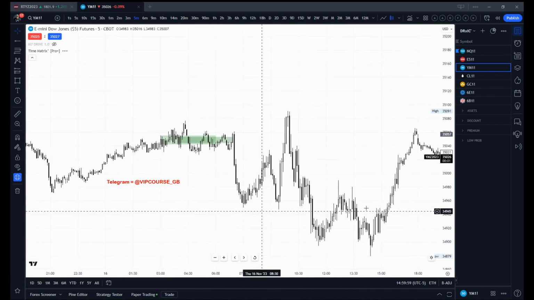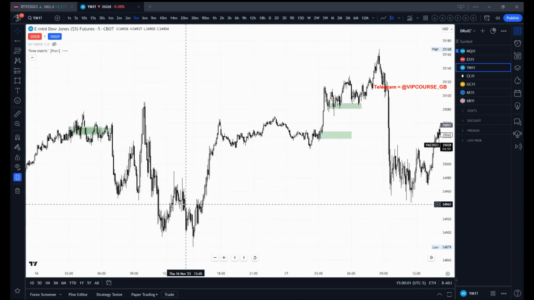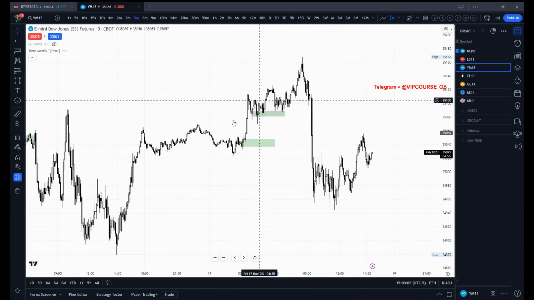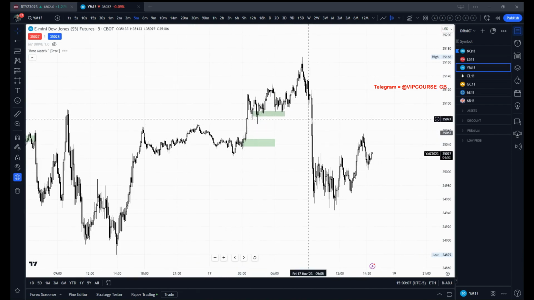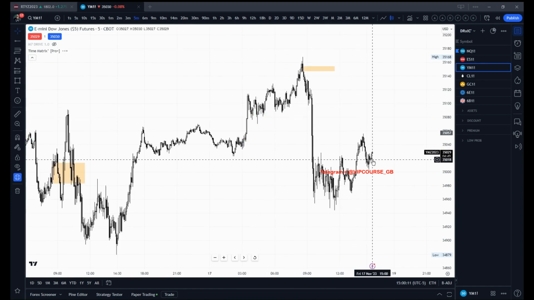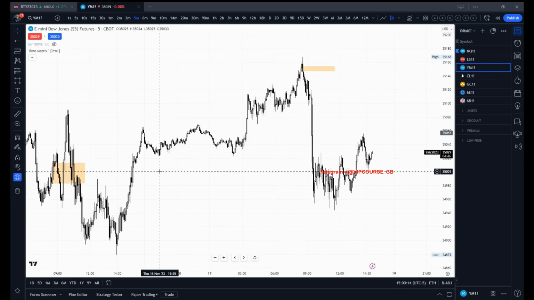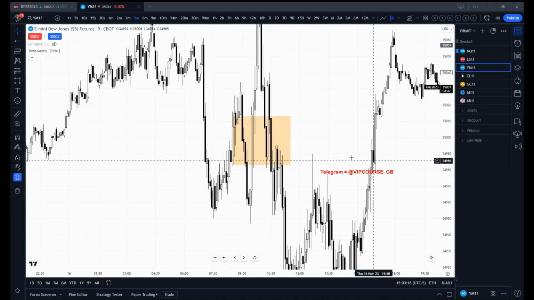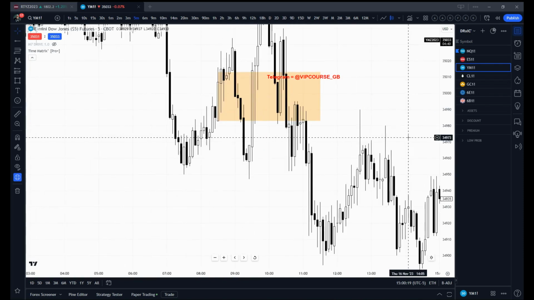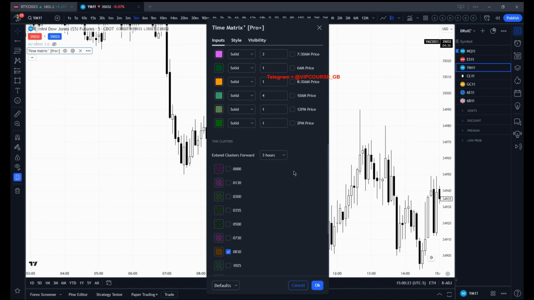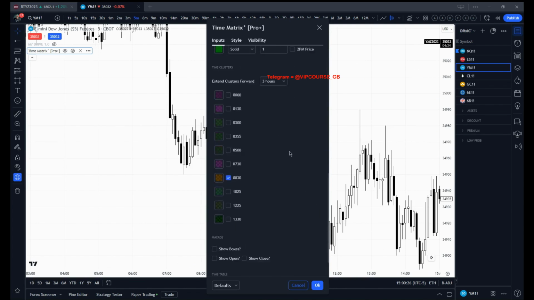I mean, we know why the 8:30 price, but where and how does it apply to price? How does price respect a specific level? And is there a trade plan or a trade idea within how it's respecting a specific price based on time?